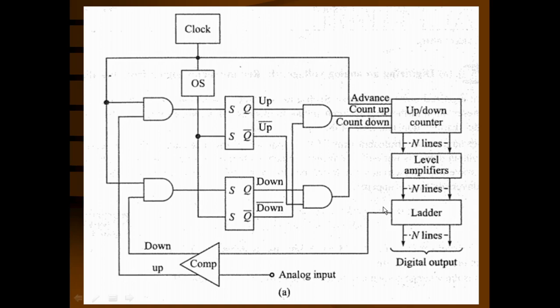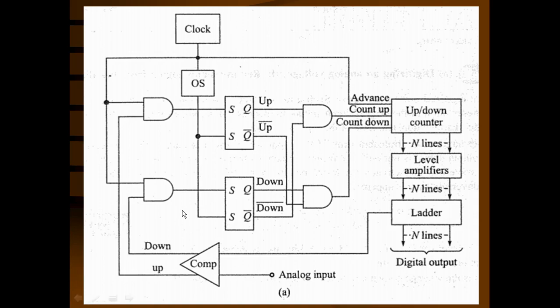So it produces a staircase waveform, which is one of the inputs, the reference voltage, for this comparator. So here also we are utilizing only a single comparator. In the continuous type A to D converter, only a single comparator is utilized. One input is a variable reference voltage which is available from the D to A converter or binary ladder network. Another input is the analog input voltage which we want to convert into digital signals.